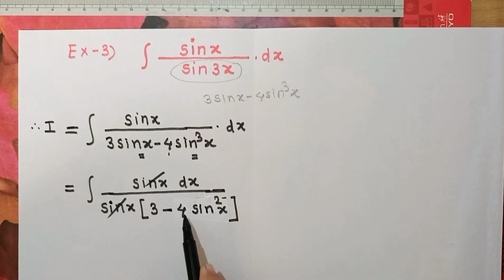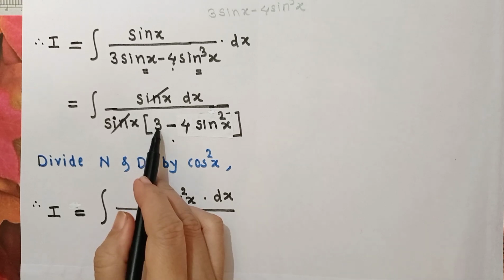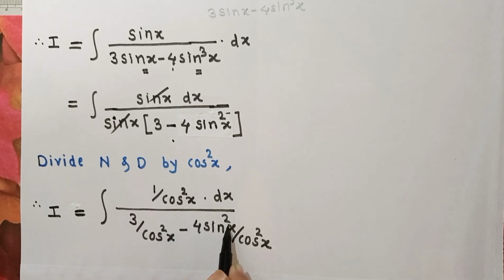Now this is in the form a sin square x plus b, and so we will divide numerator and denominator by cos square x. And therefore in the numerator 1 upon cos square x, and here also we will divide by cos square x in minus 4 sin square x upon cos square x.